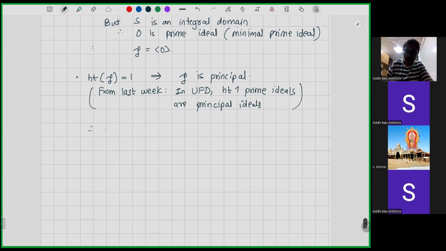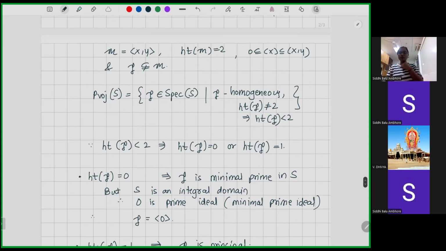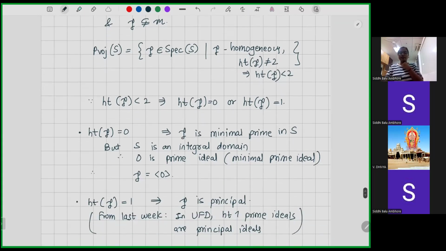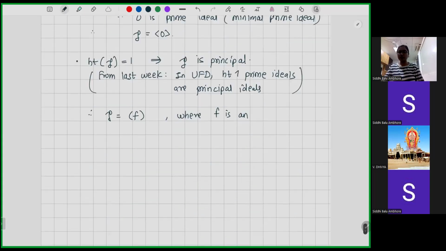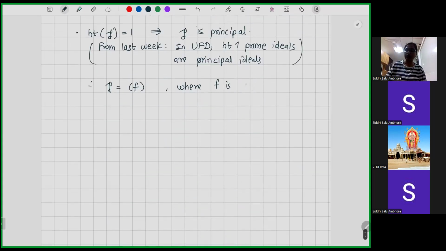So therefore, P is (F) for some F, where F is again homogeneous because P are homogeneous here. Okay, P are in Proj S, and we are finding how Proj S looks like, and we are dealing with this P in Spec S such that P are homogeneous and they have height less than 2. So this P is homogeneous. So F is a homogeneous element.